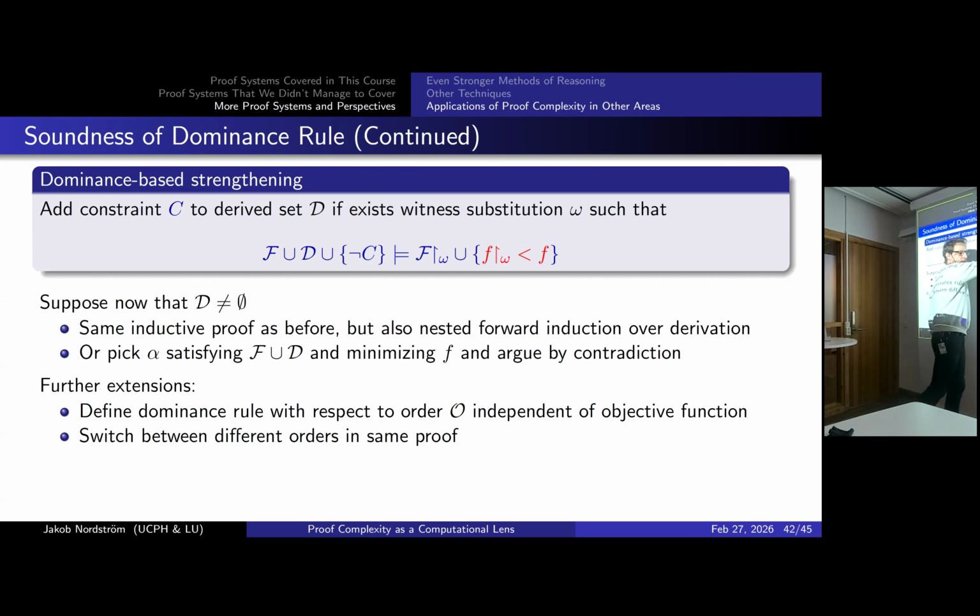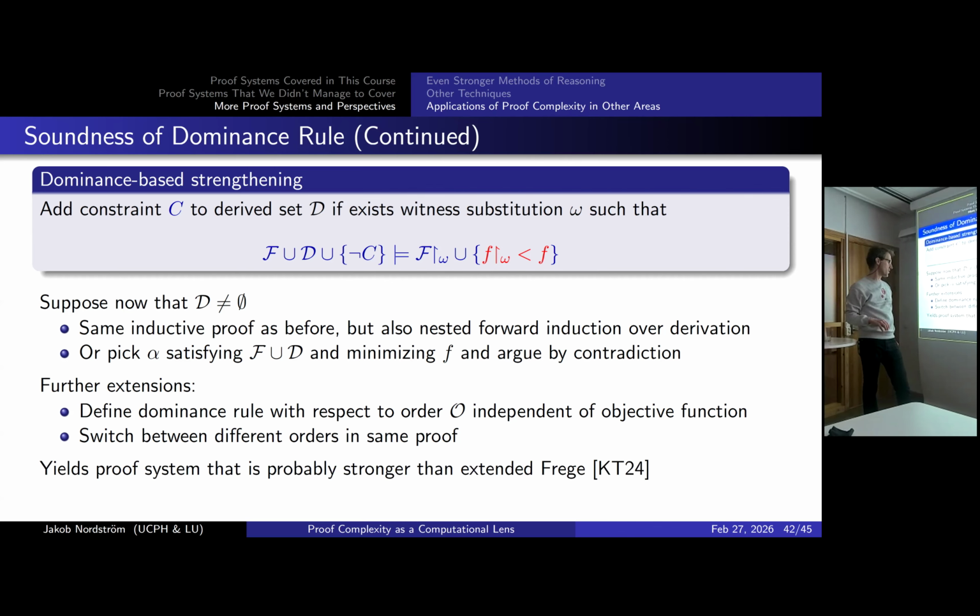You don't need to have an objective. You can define it with respect to any preorder. And you could even, if you think about it, switch preorders if you're a little bit careful, but I won't go into the details.